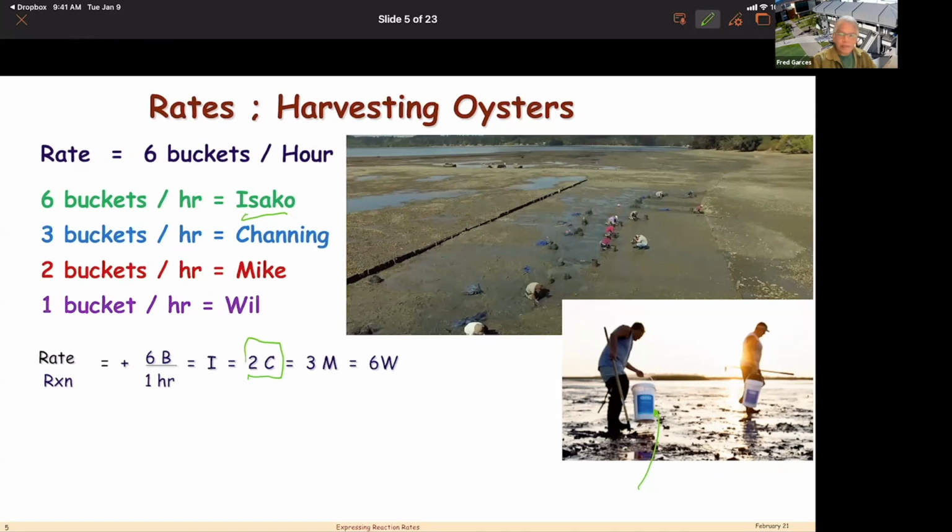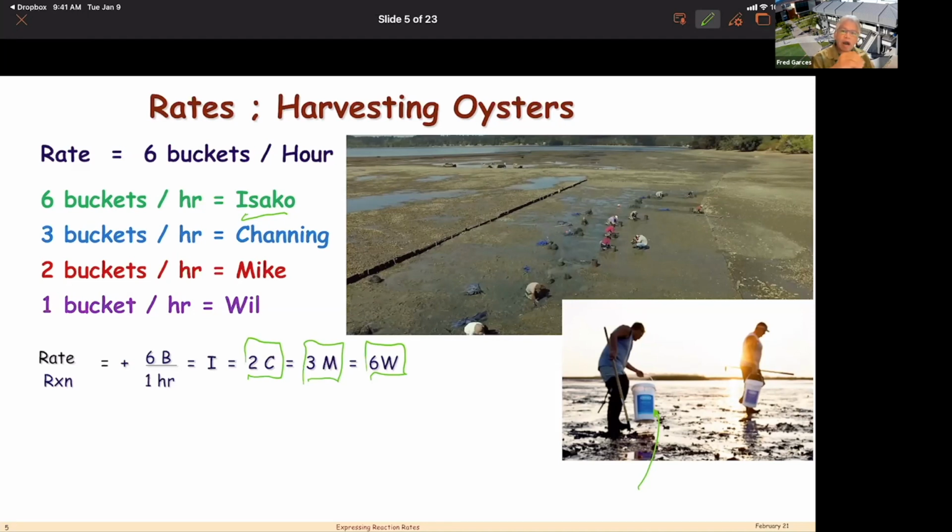And Mike, he can only collect 2 buckets per hour. So it takes 3 Mikes to equal 1 Isako to collect 6 buckets per hour. And then, of course, my poor brother here, Will, he can only collect 1 bucket per hour. So it takes 6 Wills to collect the same amount as Isako. What ends up happening is Isako starts helping out my brother. But anyway, that's for another story.